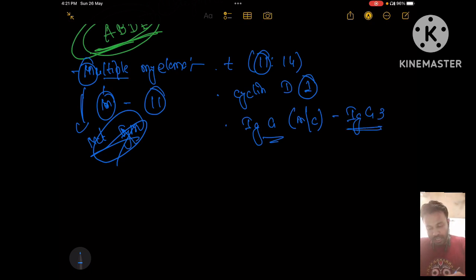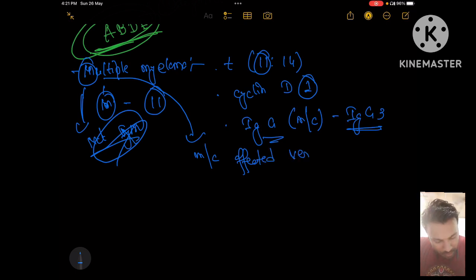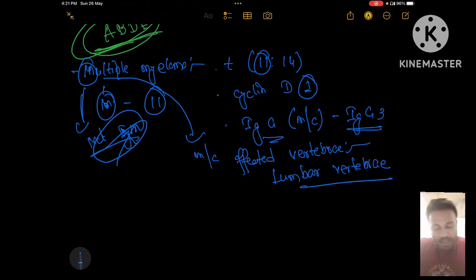So it is L. The most commonly affected vertebra is the lumbar vertebra.